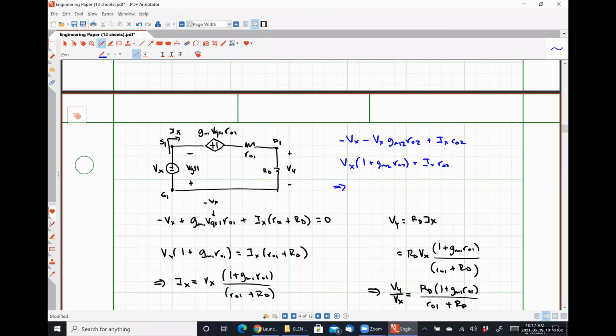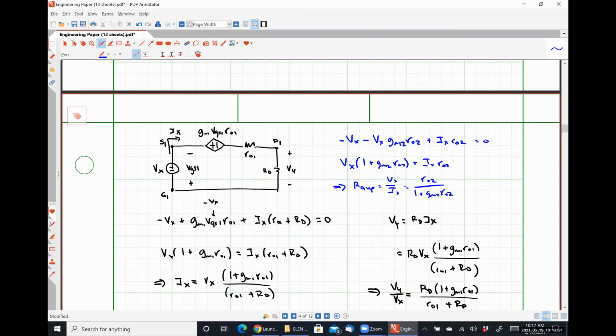Therefore, looking up, I'm going to call it R0 up, is Vx over Ix, which is R02 over 1 plus GM2 R02. Just double checking my algebra here. Sorry, this would be equal to 0. So that's just me doing KVL around that loop.